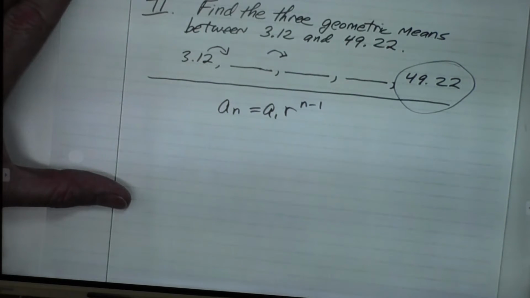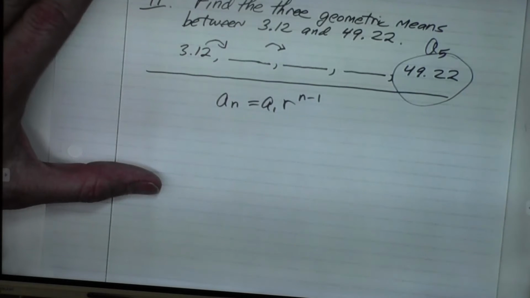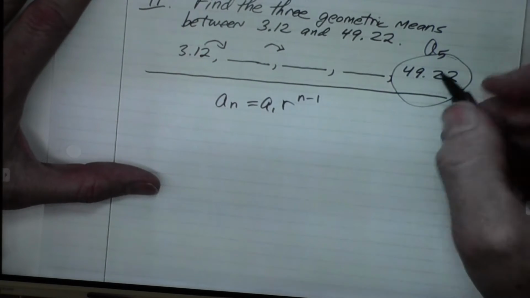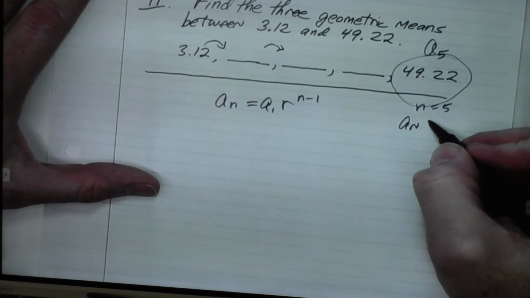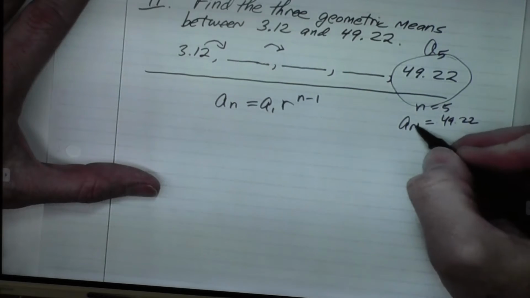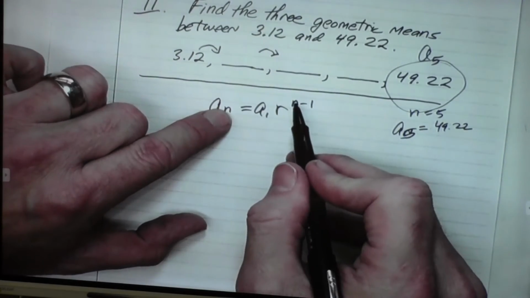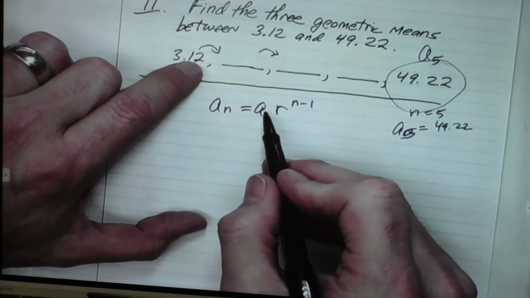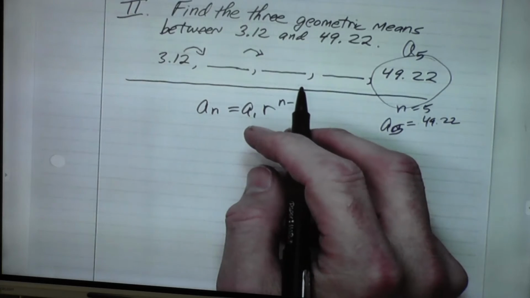So if we say that n is equal to 5, and the amount at n is equal to 49.22, I can put the 5 there, put this over here, and put the 3.12, and I can solve for r. There's only one variable left, so I can solve it.